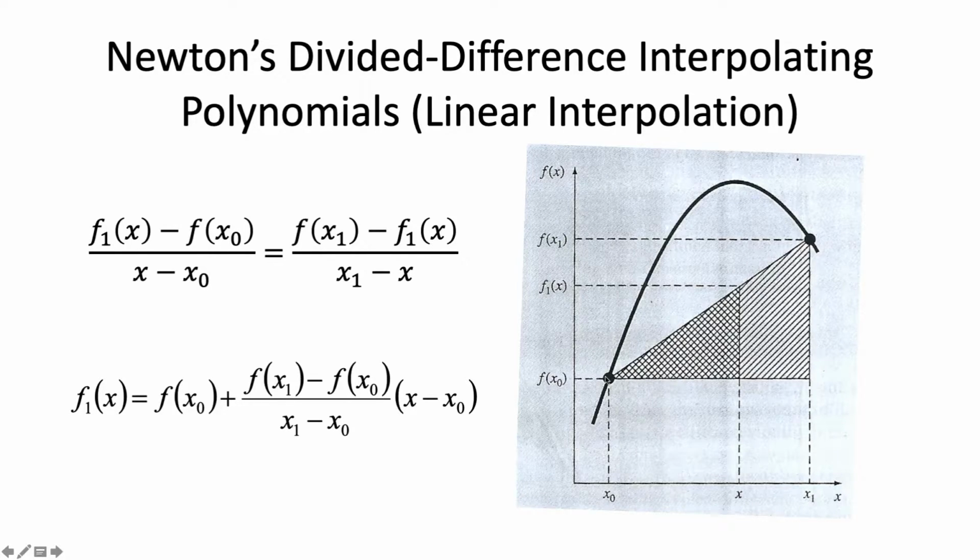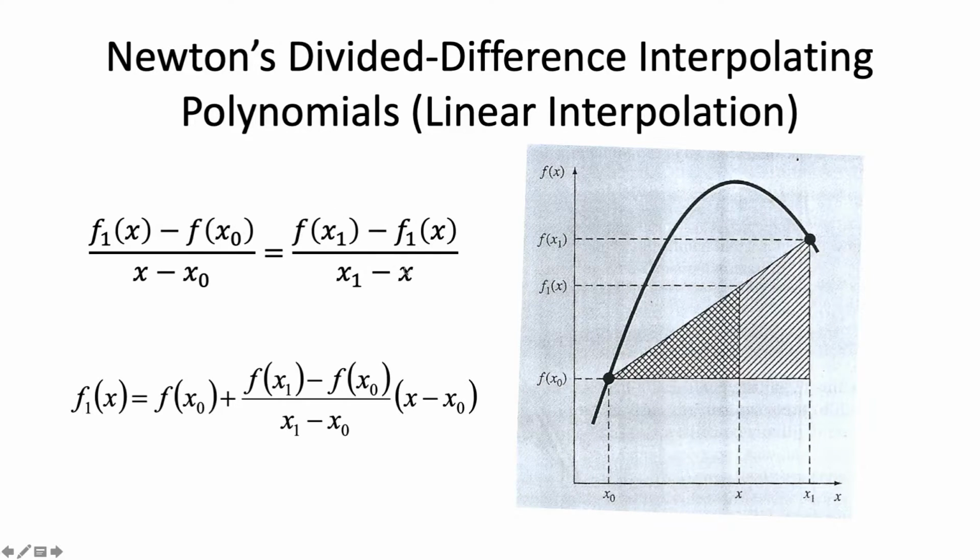This triangle gives us f1 of x minus f of x0, which is this one, divided by x minus x0, which is this one. So this equation gives us the slope of this line. Similarly, we have f of x1 minus f1 of x divided by x1 minus x, which again gives us the slope of this line.